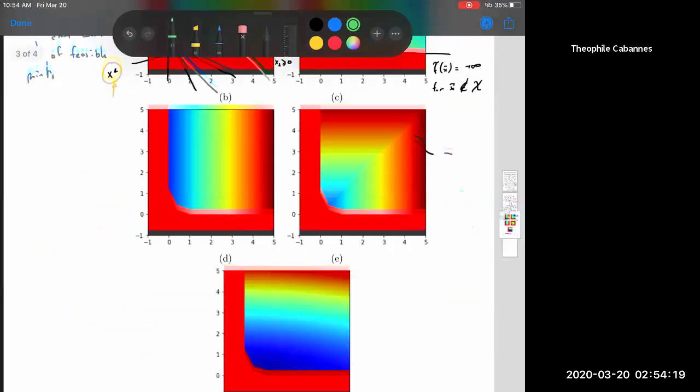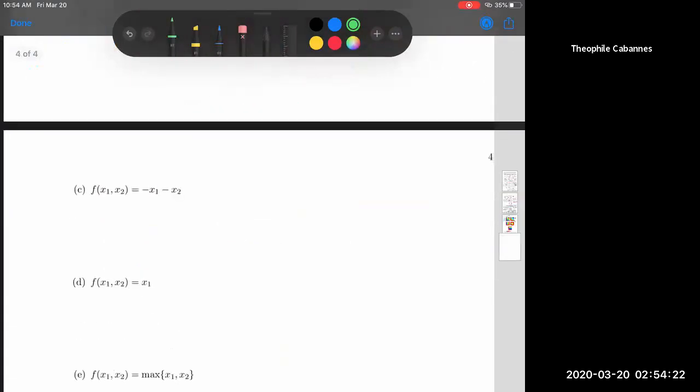So for two, here we have shown that the minimization of this problem is equal to minus infinity. This we have shown in discussion 5, I think.